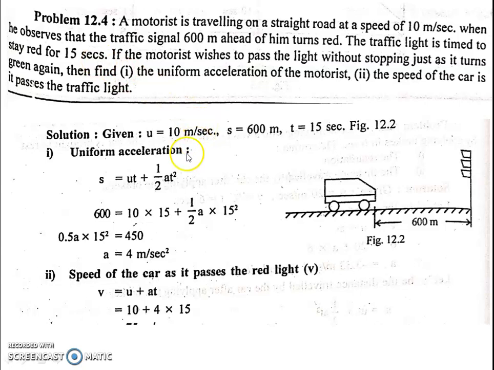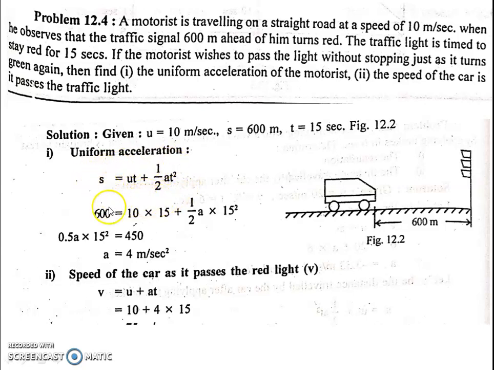Now for uniform acceleration, we have to find the first case. We have the formula in rectilinear motion, that is distance is equal to ut plus half at square. What is asked? Acceleration, A is asked. Here u is known, T is known, and distance is also known, so this formula is very simple to use.